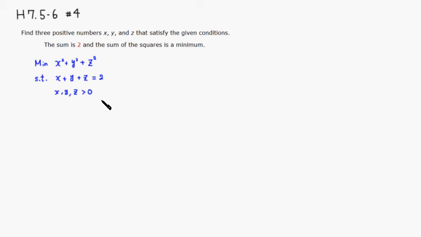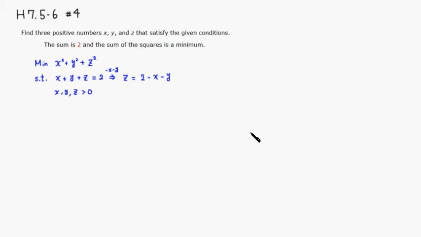So first thing I would do is rewrite this and solve the constraint for z. I'm going to subtract x and subtract y, so we can write it as z equals 2 minus x minus y.